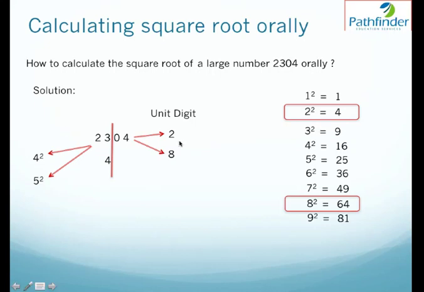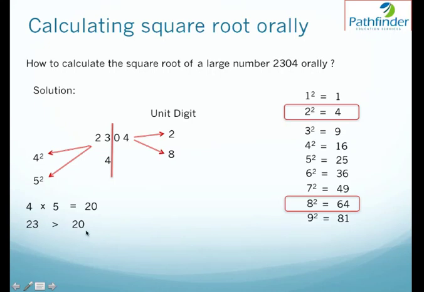Now between 2 and 8, I have to choose the second part. So just multiply this first part 4 by the next digit after 4. The next digit is 5. So I multiply 4 by 5 and get 20. Now in my number, the first part is 23 and 23 happens to be greater than 20.